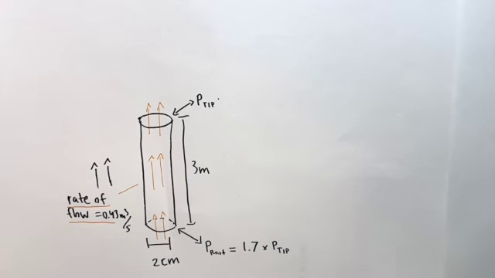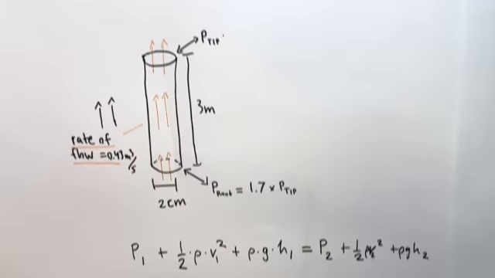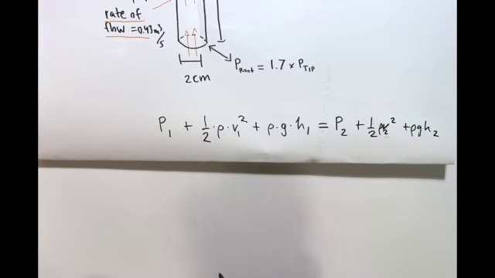We can apply Bernoulli's equation for water flow in this situation, which is stated as follows. Let's take our 2 points for the equation to be right at the root and right at the tip of the plant.